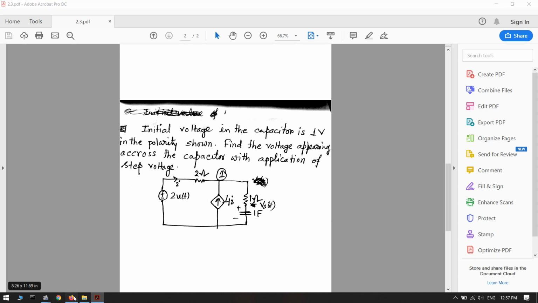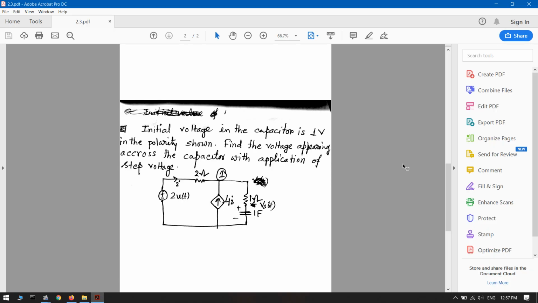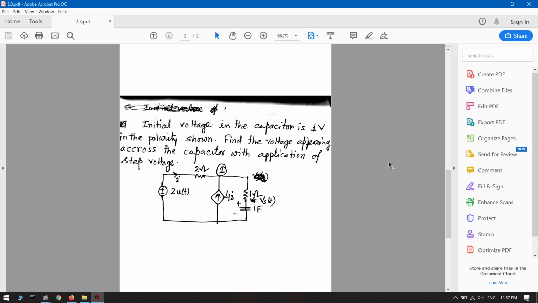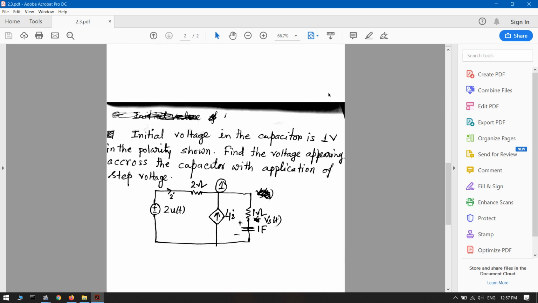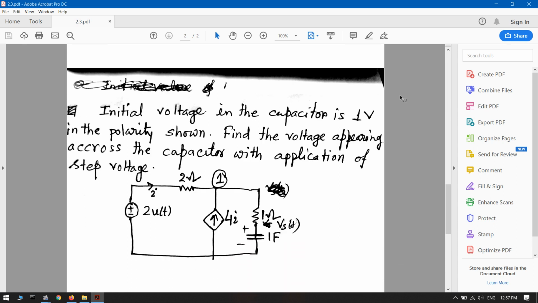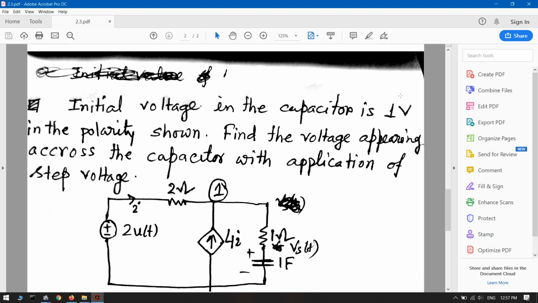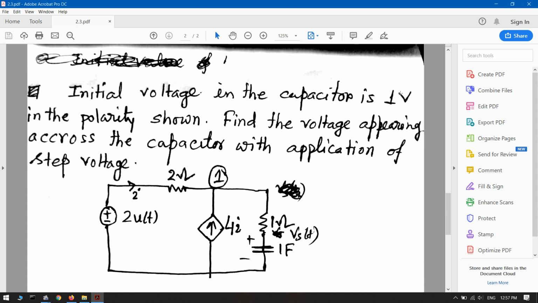In this problem, one dependent source is there, 4 into I, where current I is denoted, one capacitor, and two resistors, one of 2 ohm and another of 1 ohm. You have to solve this using Laplace transformation.